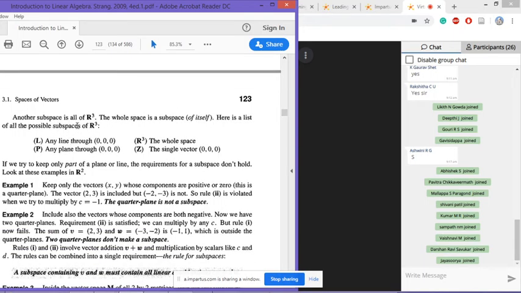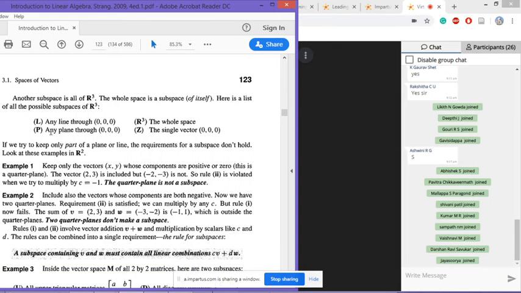Another subspace is all of R power 3; the whole space is a subspace. So any line through 0, 0, 0, or any plane through 0, 0, 0, then the whole space, or the single vector 0, 0, 0, that is Z.